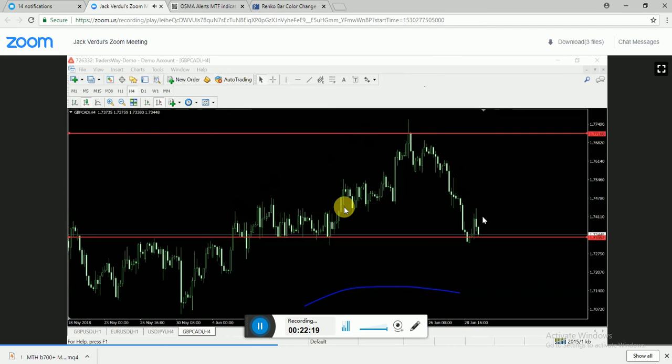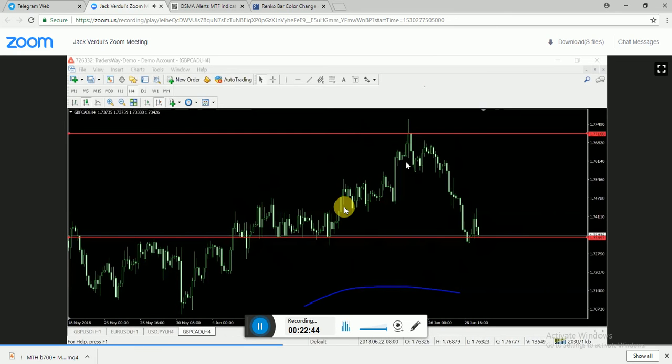And currently right now it's right there, so it could possibly start retracing. It went sideways all day, so it could possibly do the same thing for the rest of today, and then try to move next week and continue the downtrend.